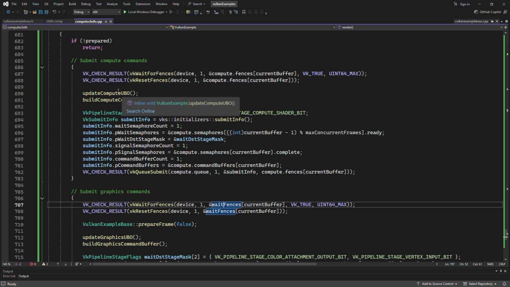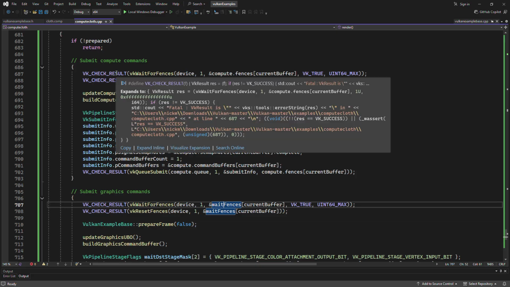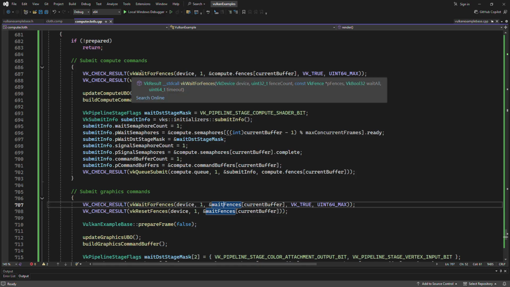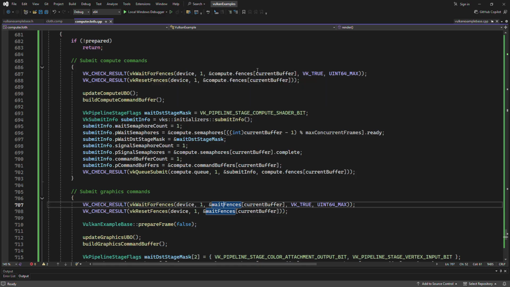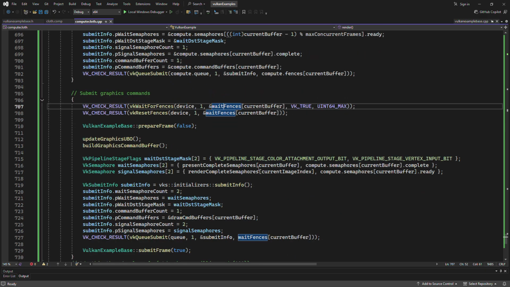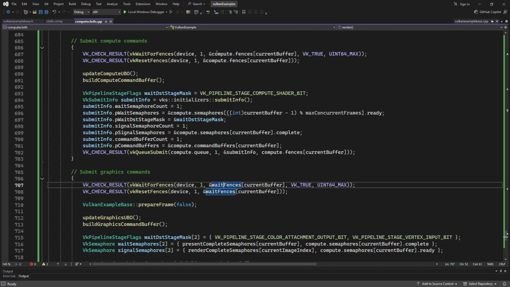So what happens is that the first thing is that we have our vkWaitForFences, right? And we're basically looking for the compute fences. Hold on. Right. So we're basically waiting for this to say that it's complete, right?